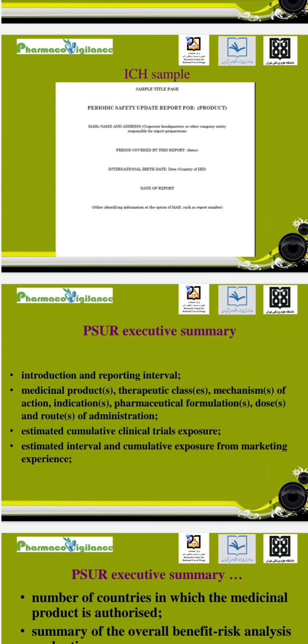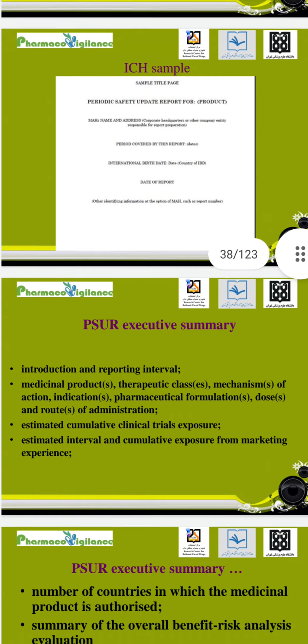Second, the medicinal products, therapeutic classes, mechanisms of action, indications, pharmaceutical formulations, doses, and routes of administration. Third, estimated cumulative clinical trials exposure, estimated interval and cumulative exposure from marketing experiences.